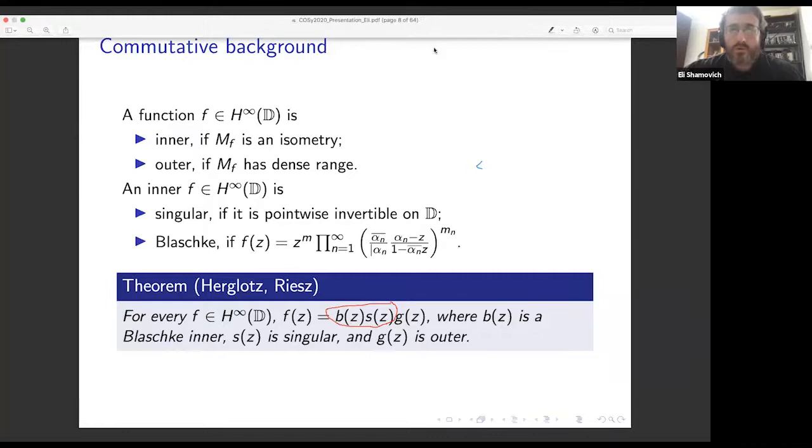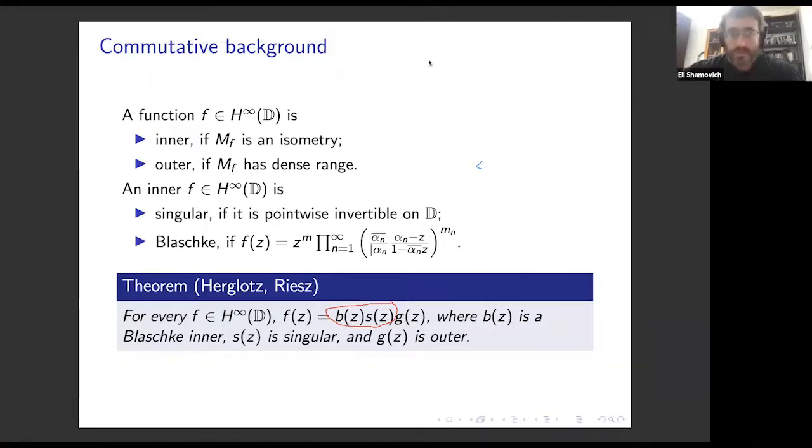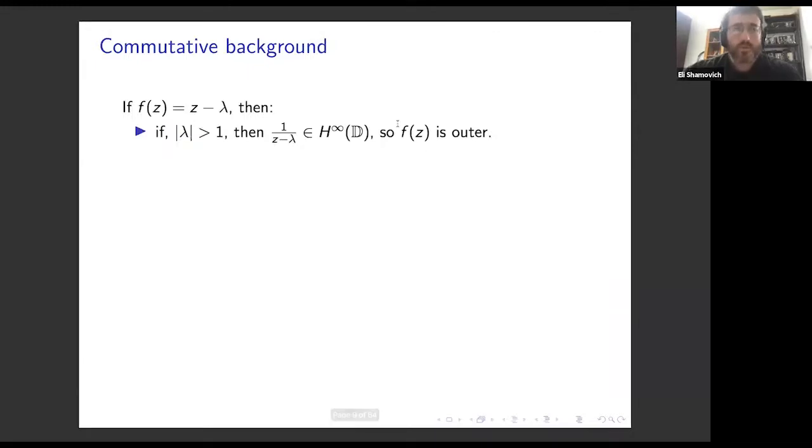But I want to focus on the very simple functions, namely polynomials. So what happens to polynomials? If I take just the polynomial z minus lambda, then three things can happen. Either the absolute value of lambda is greater than 1, then it's just invertible inside our algebra, and so it's definitely outer because the range is everything.